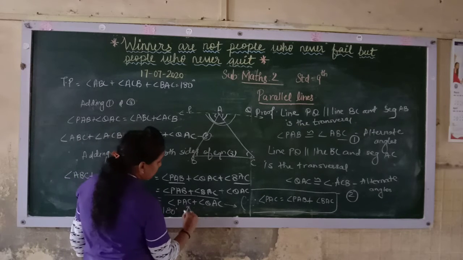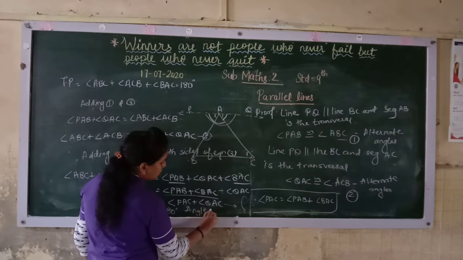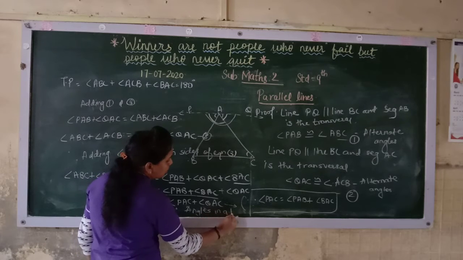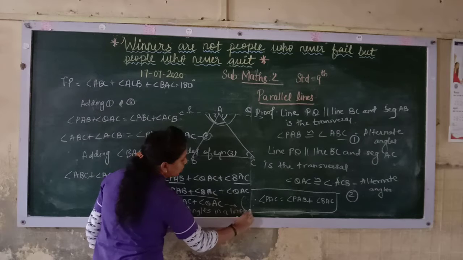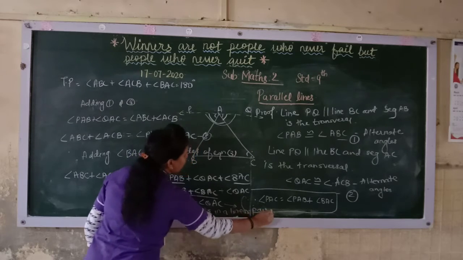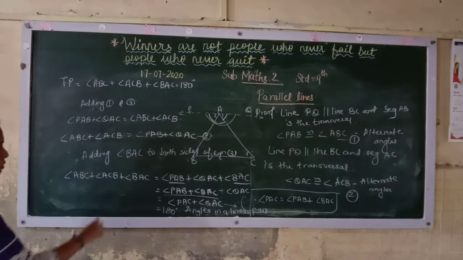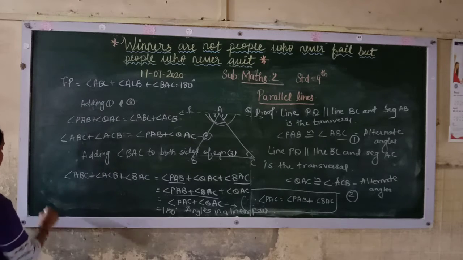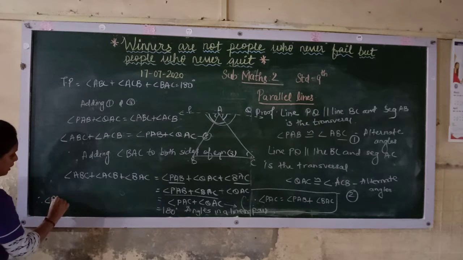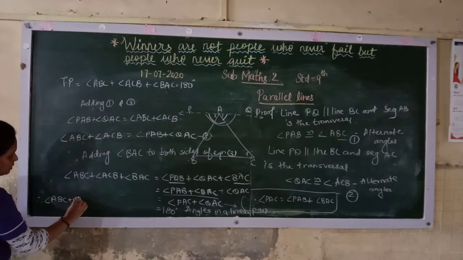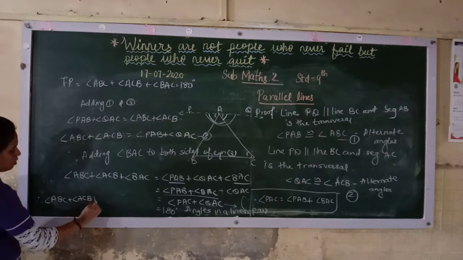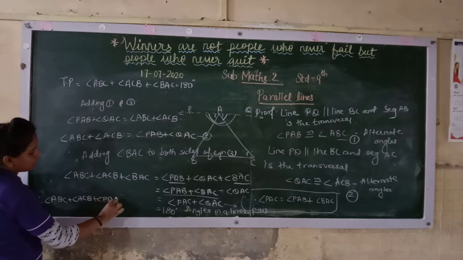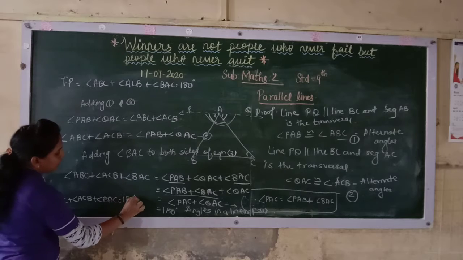Reason you will write: angles in a linear pair. So they are forming linear pair angles, so the sum will be 180 degrees. Therefore finally what you will get? Angle ABC plus angle ACB plus angle BAC is equal to 180 degrees.